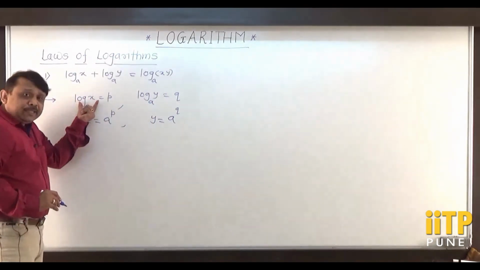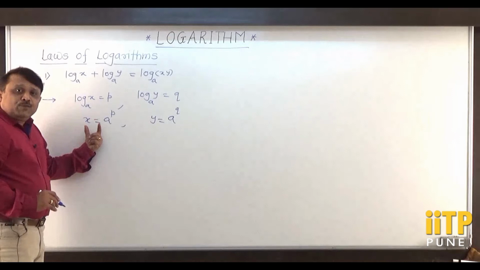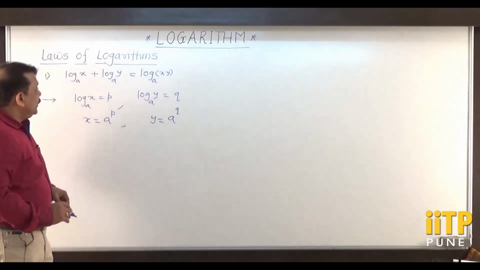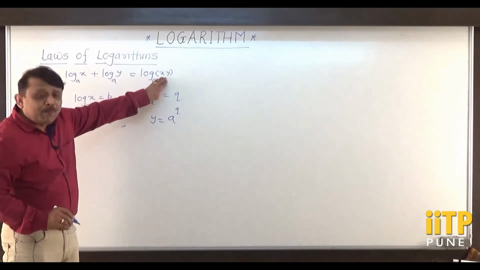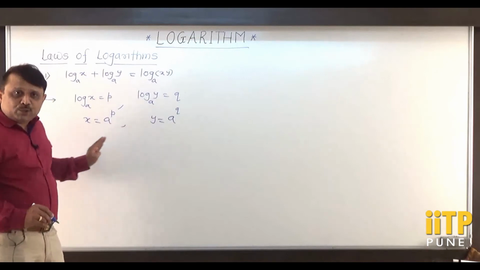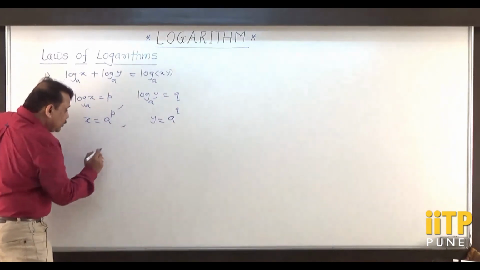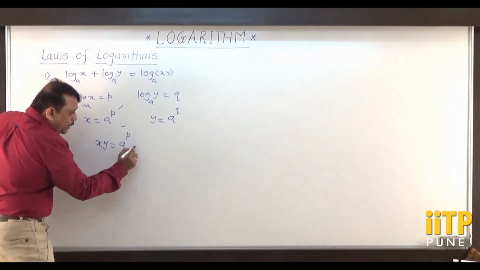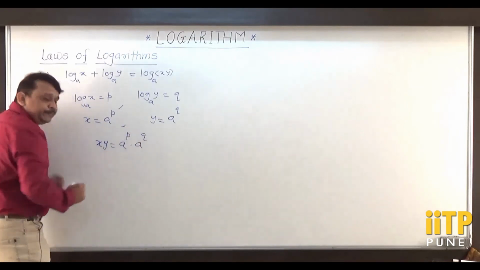So from logarithm, I went to the exponential. But here in this problem, I want the product of x and y. So let us take the product of these two. If we take the product, I get x into y is equal to a raised to p into a raised to q.